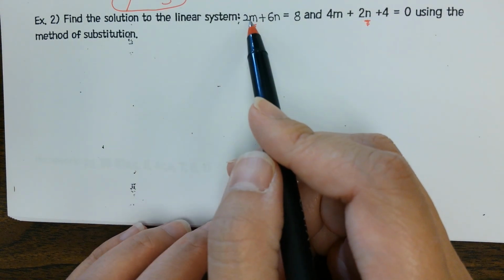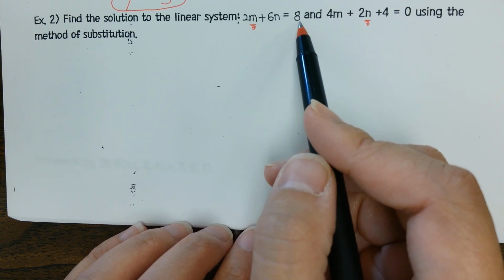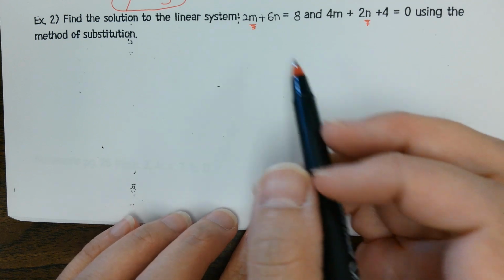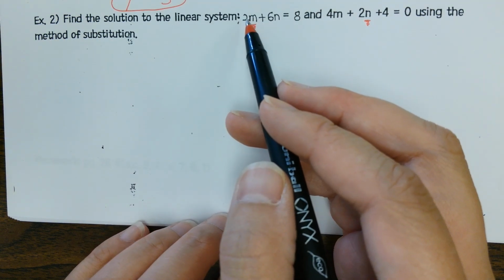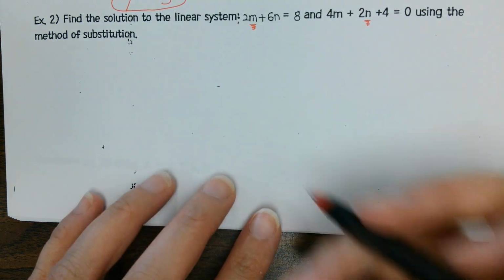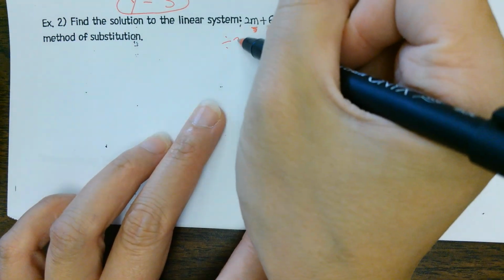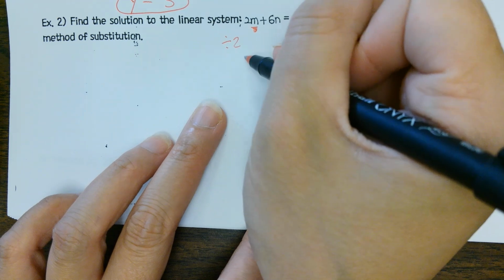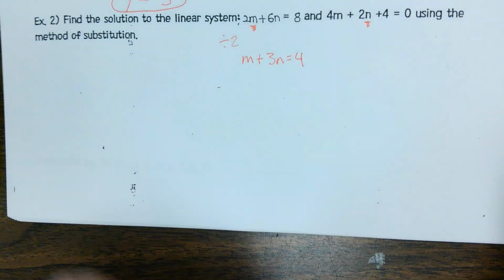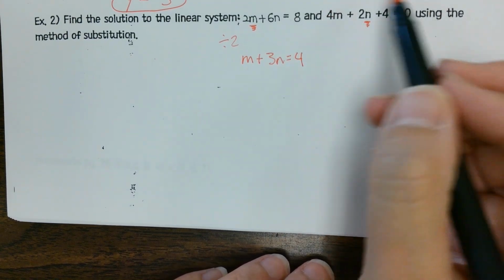So in this case, 2m, 6n equals 8. What can I divide everything by? What's your greatest common factor between 2, 6, and 8? 2, yeah. I can divide this whole equation by 2. So I get m plus 3n equals 4. What about this right here? Can I do the same?